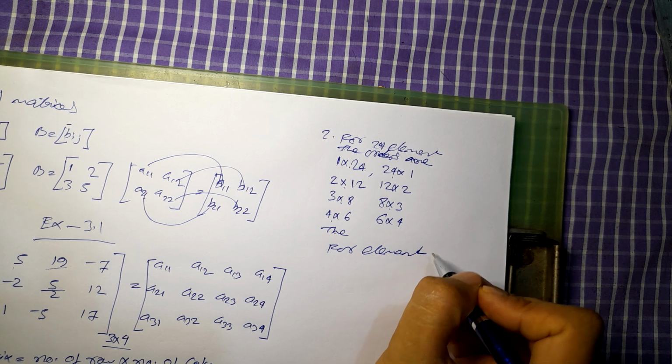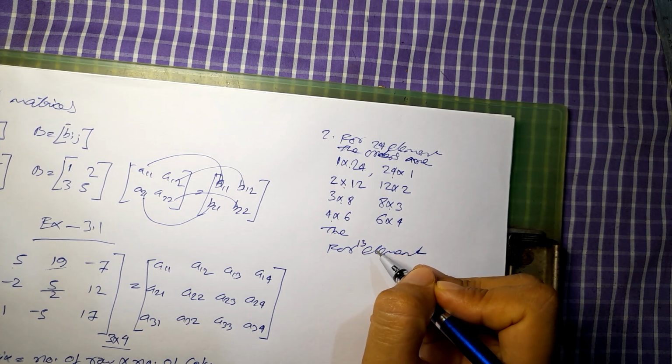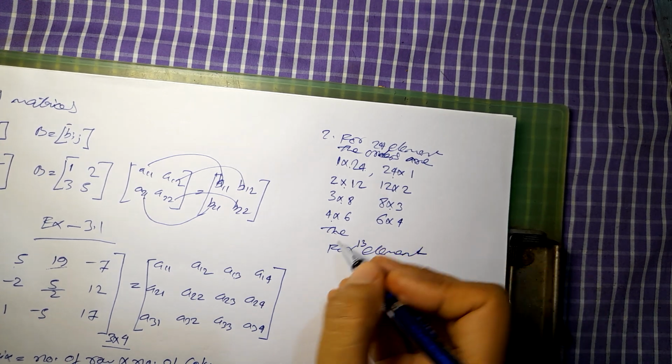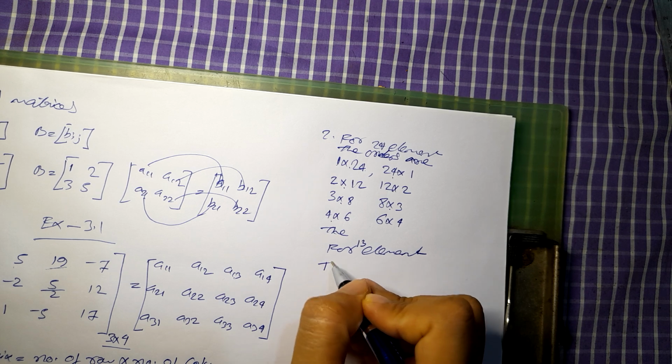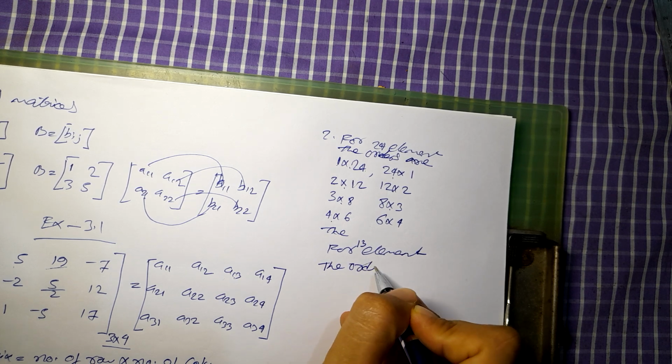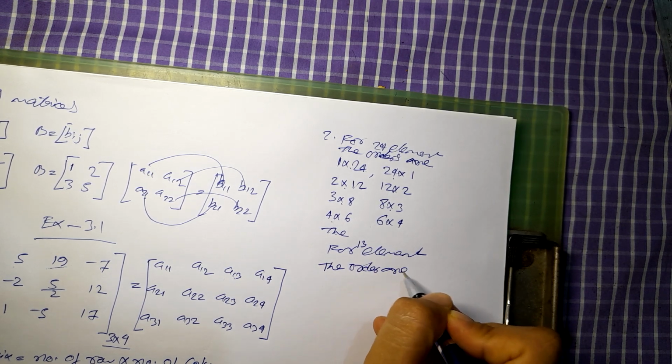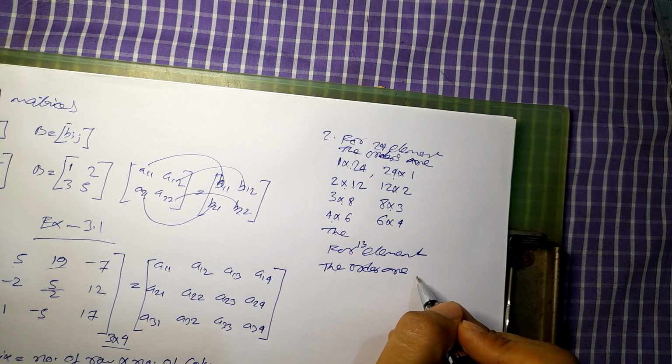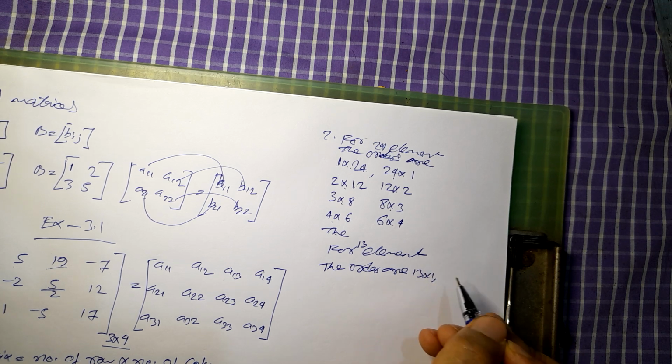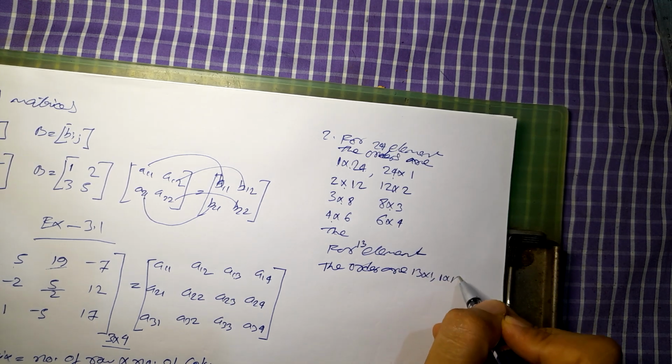So for 13 elements, the orders are 13 into 1 comma 1 into 13. Only this is possible.